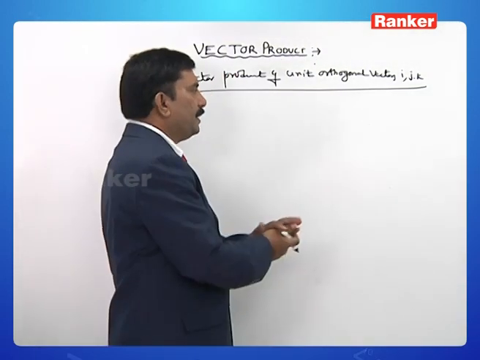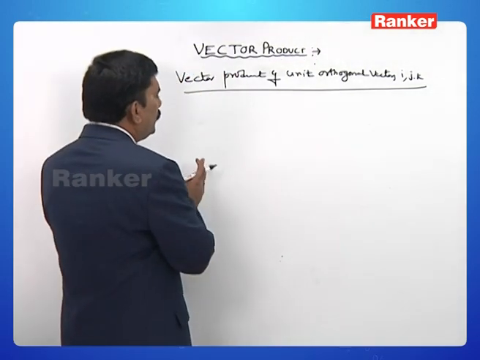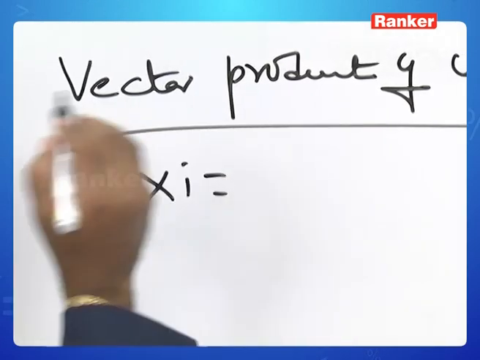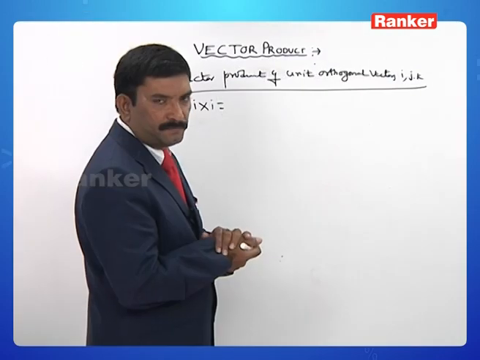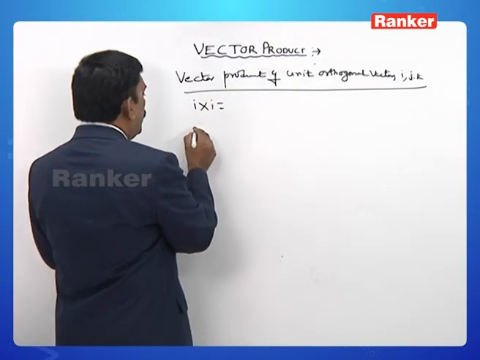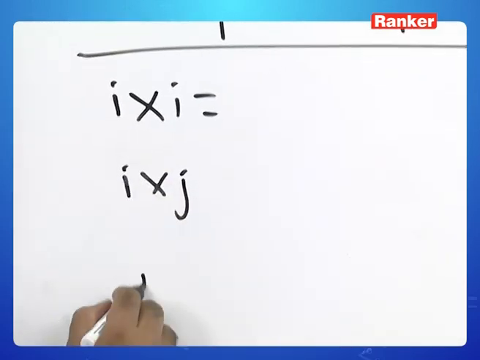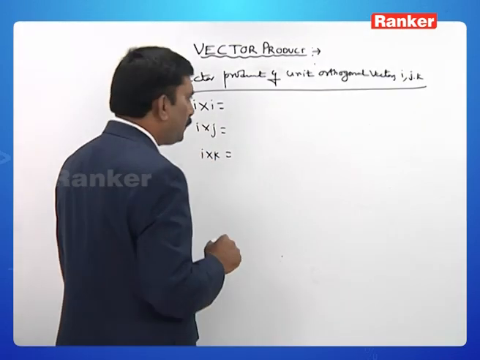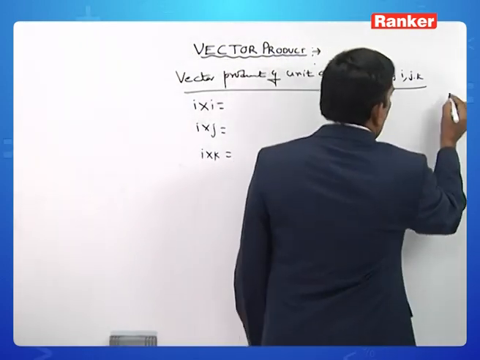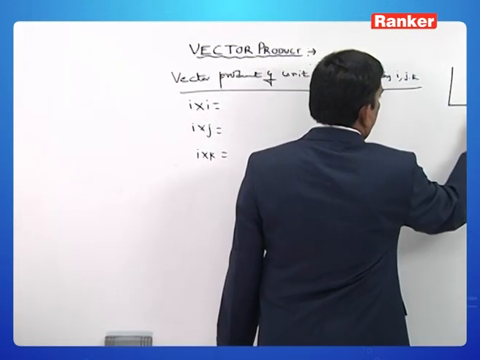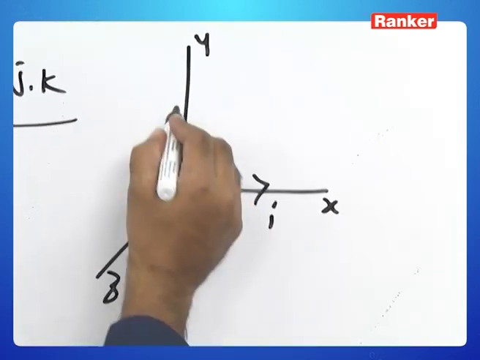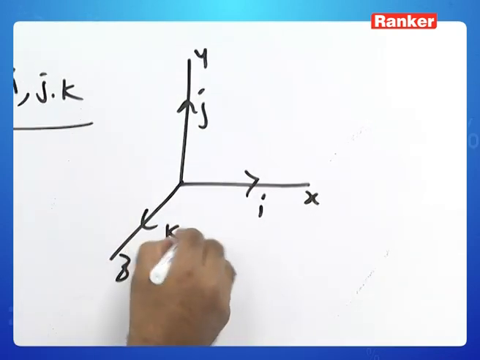Now coming to this one, let us start. i cross i is equal to what? Now, i cross j, i cross k, let us find out. Now, if I take this one as x, y, this is z, this is i, this is j, this is k.